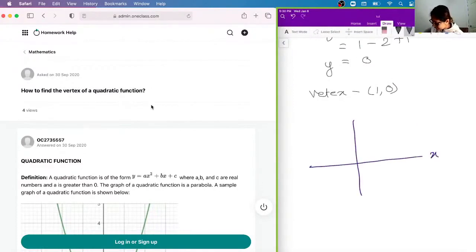Okay, and if you want to plot this on a graph, we have our x and your y, and this is our point 1, 0. It would go something like this.